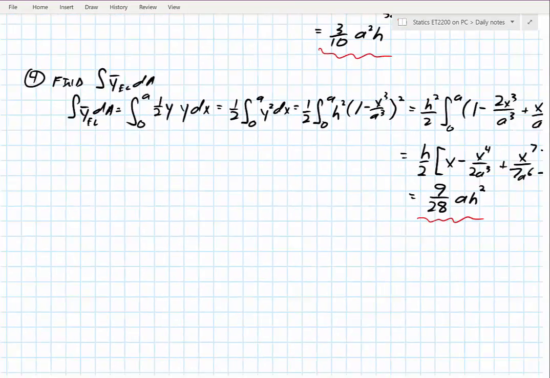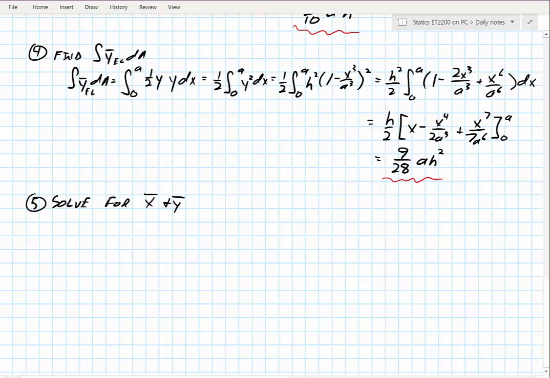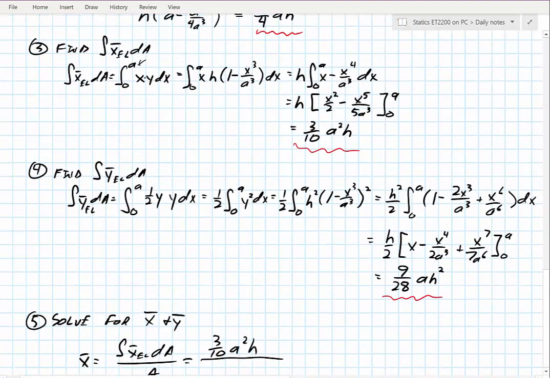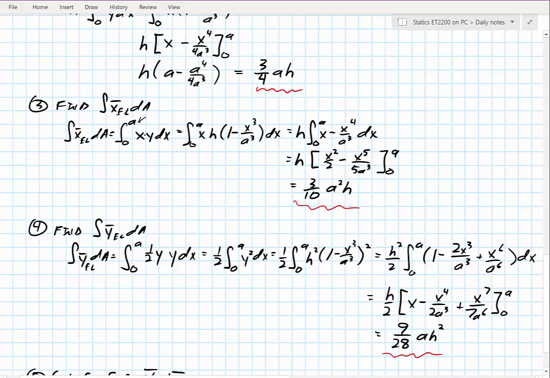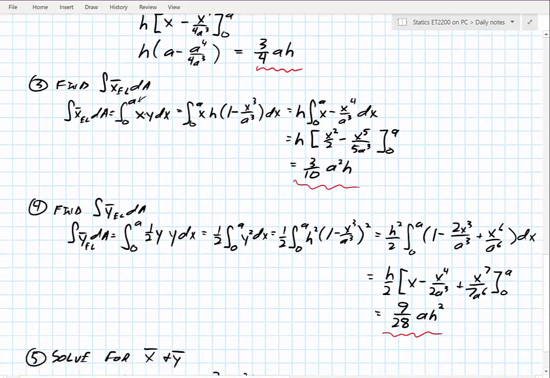So the last step in this process is to finally find the centroids of the entire shape, because we know that we have an x bar equal to the integral of our x bar element dA over A. So that gives me this 3/10 a squared h, which is the second thing I found, divided by the area, which was the first thing I found, 3/4 ah.